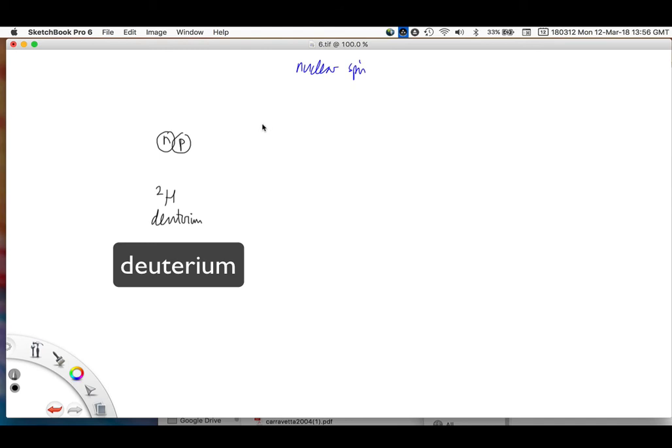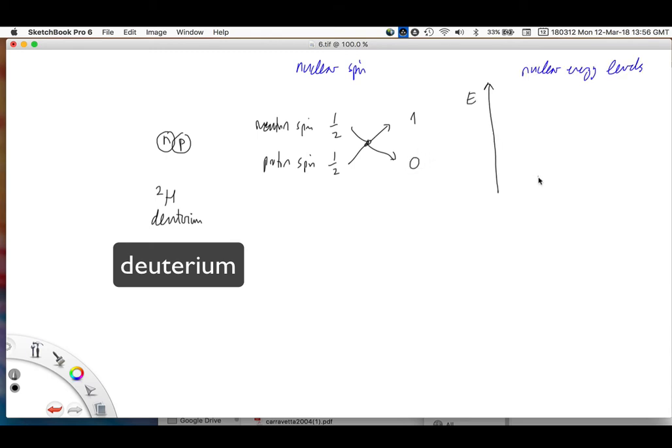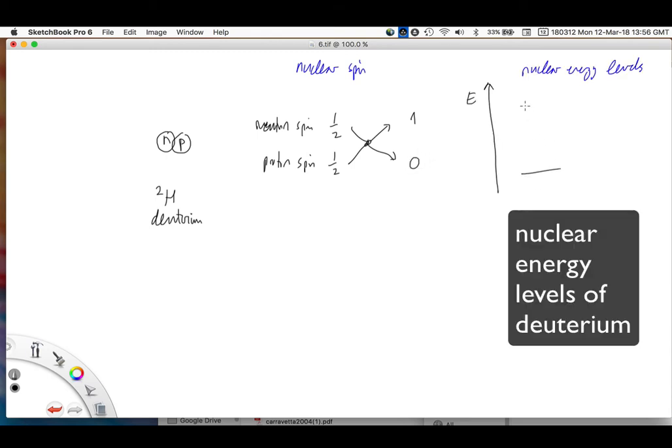So again, we can combine the neutron spin with the proton spin, and we can deduce that there are two possibilities. The spins can add up and we get spin 1, or they can cancel out and we get spin 0. We have two nuclear levels, one with spin 1 and one with spin 0. And it turns out for deuterium that spin 1, so the nuclear spin quantum number I equals 1, is lower in energy than the nuclear quantum number I equals 0.